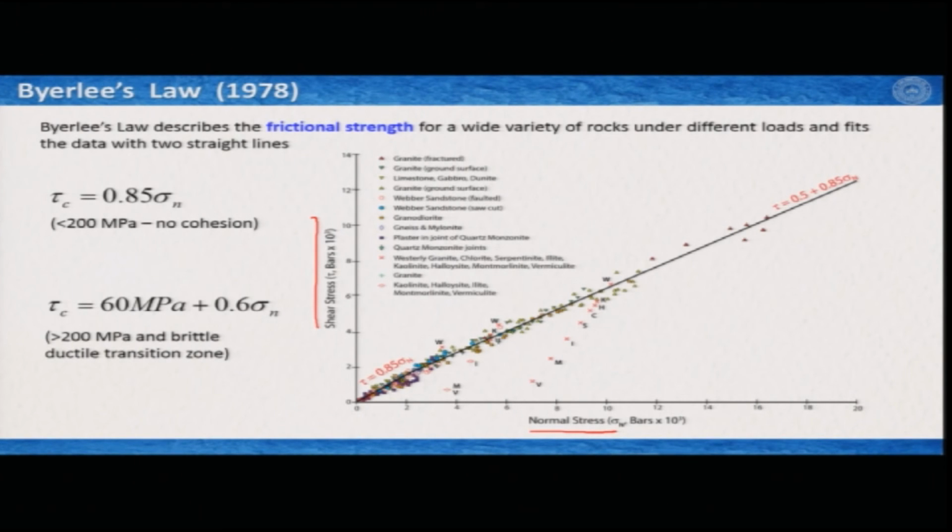There are a number of rocks, a variety of rocks he has used. I am not sure if you can read it, but from the slides, the PDF files I would give you, you can figure out. So, it has granite, fractured granite, ground surface, limestone, gabbro, dunite, sandstone, then different types of sandstones, faulted, saw-cut sandstones, granodiorite, gneiss and mylonite, then quartz monzonite with joints, then Westerly granite, and a lot of clay minerals, and here as well.